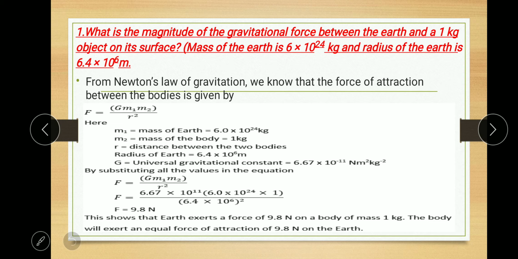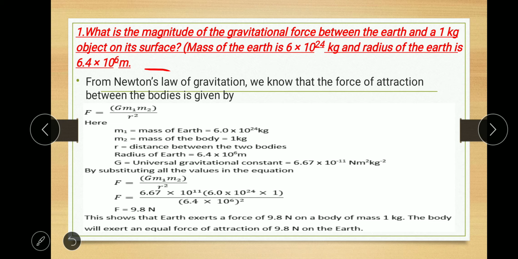Now, what is the magnitude of the gravitational force between the Earth and a 1 kg object on its surface? Now, the distance is R, the radius of the Earth. You know what the radius of the Earth is? It is already given. Radius of the Earth is 6.4 into 10 to the power 6 meter, and mass of the Earth is 6 into 10 to the power 24 kg. Very easy. From Newton's law of gravitation, F equals G m1 m2 by r square.